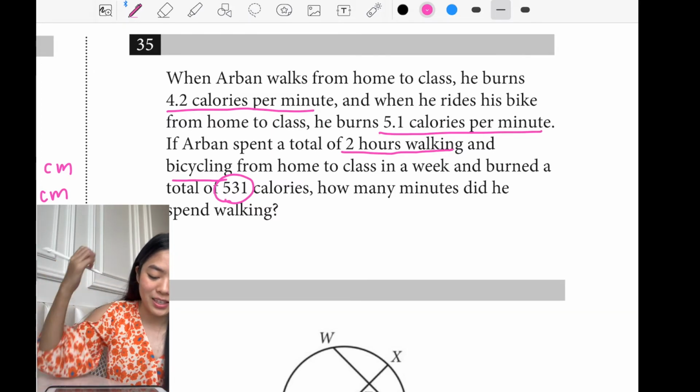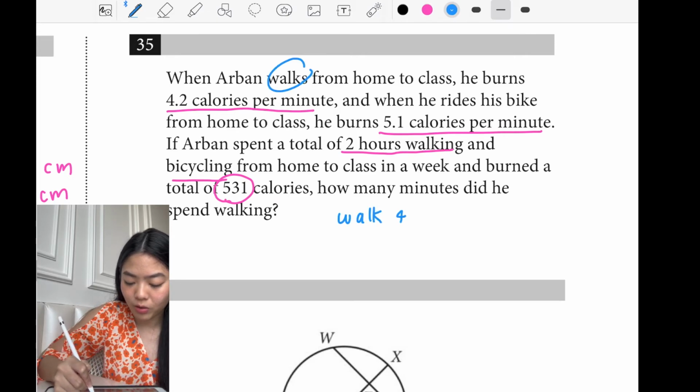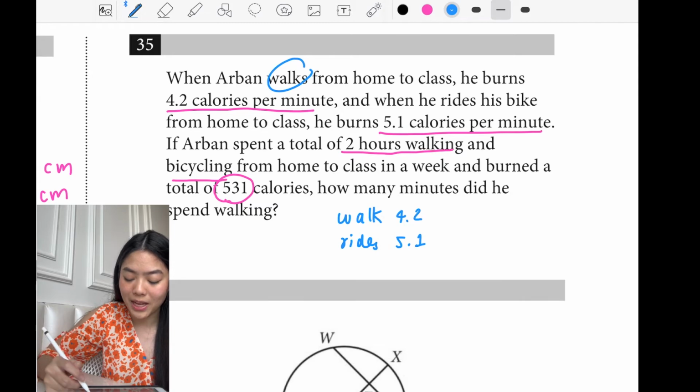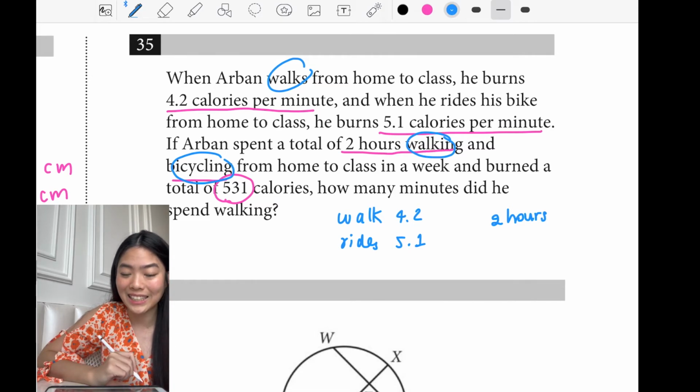Okay, so from here we can say walking is 4.2 and riding is 5.1, and he spent a total of 2 hours on walking and bicycling.